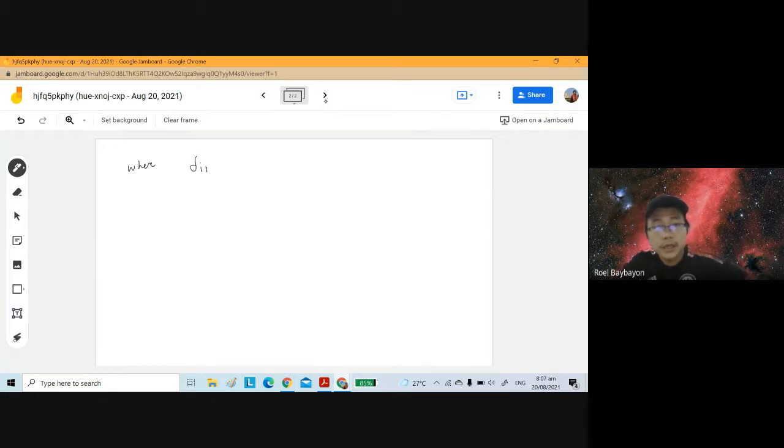Where delta ik is called the Kronecker delta symbol. Okay? So what do you mean by this? The Kronecker delta actually has only two values, either 0 or 1.